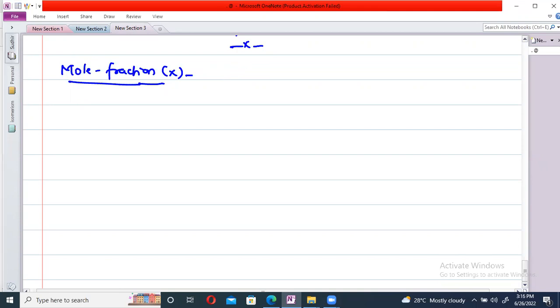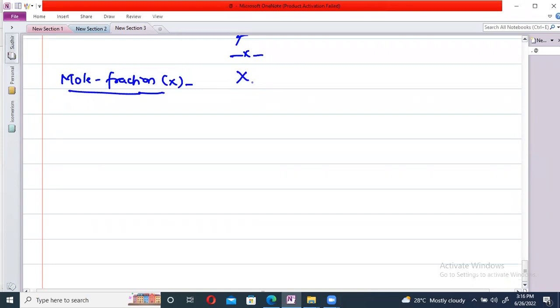Let me tell you. Suppose we have a solution which is made up of two components, component 1 and component 2. Then the mole fractions of component 1 and component 2 together are always equal to 1. What is x1? x1 is called the mole fraction of component 1.